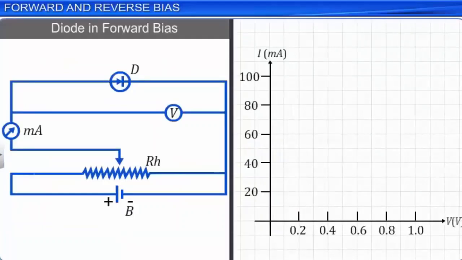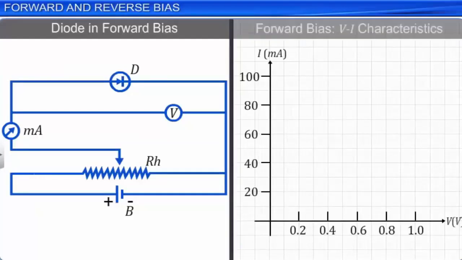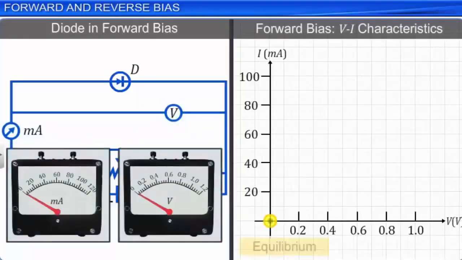The origin is the position of equilibrium when no external voltage is applied across a diode and no net current flows through it. The net current in a forward-biased diode remains zero or negligible until the external applied voltage reaches a certain threshold value.